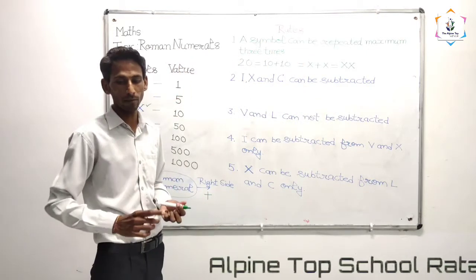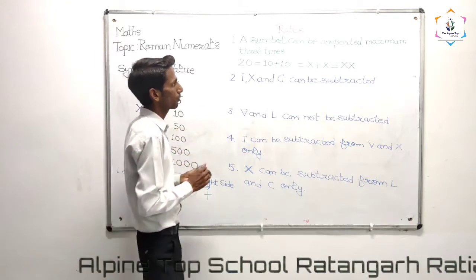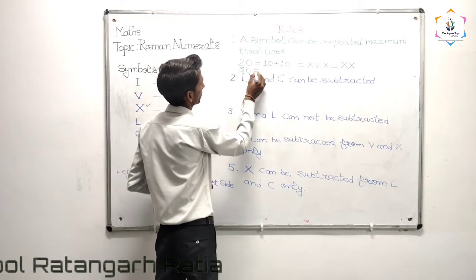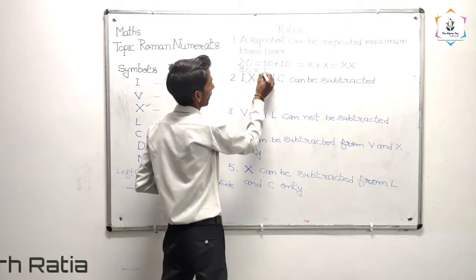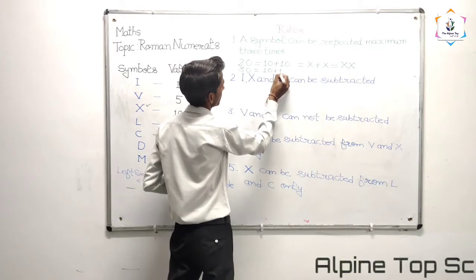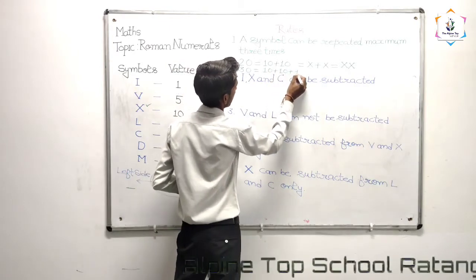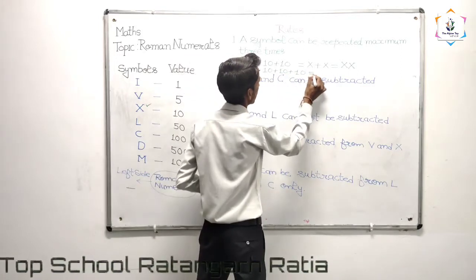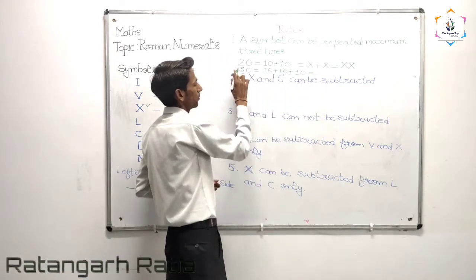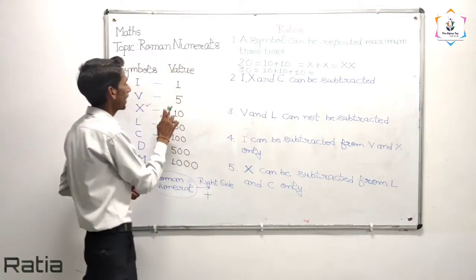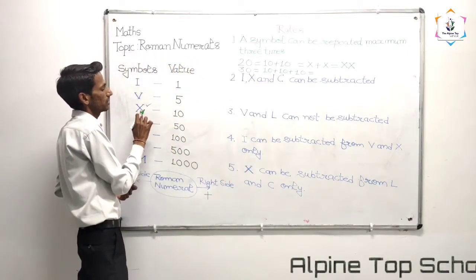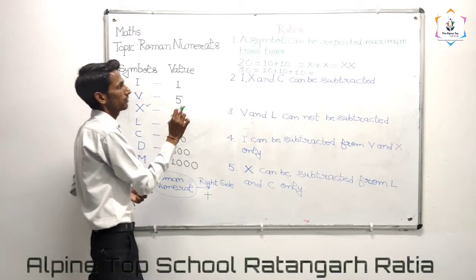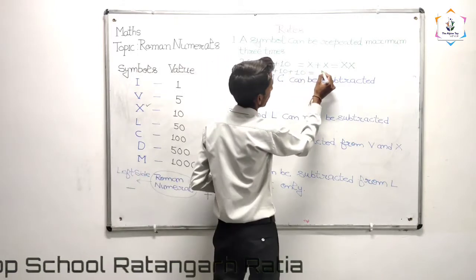Just one more example I am going to take. Just imagine we want to write 30. Obviously the value will be 10 plus 10 plus 10, means 10 plus 10, 20, plus 10, 30. It means to write 30, we have to repeat X, which is the specific symbol for 10, 3 times.